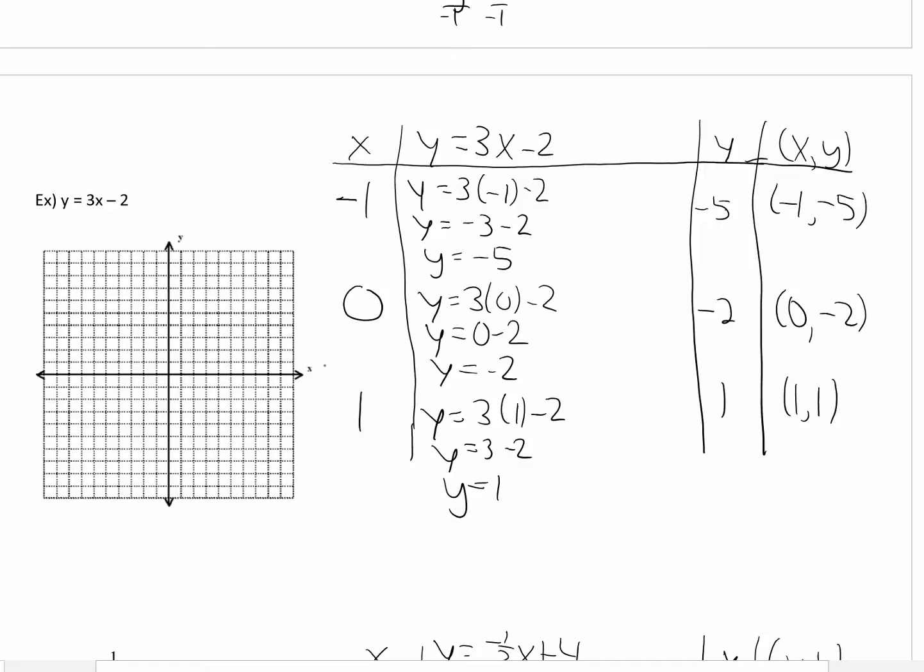Again, notice my x and y axes are labeled. Again, I'm going to go by ones. So negative 1 and down 5. Then 0 and down 2. And then 1, 1. So I'm going to connect the dots to form my line.